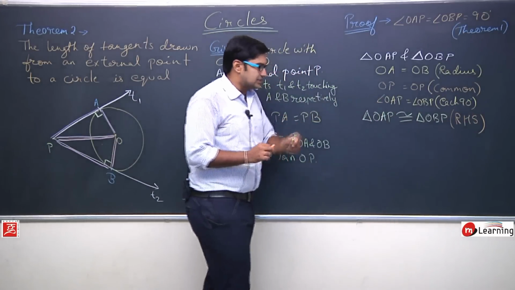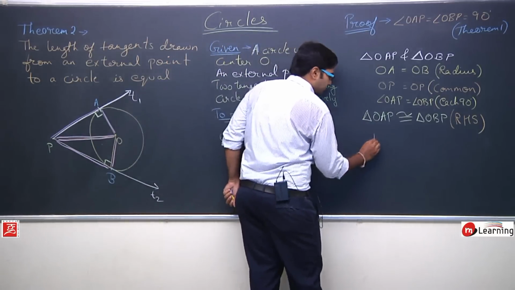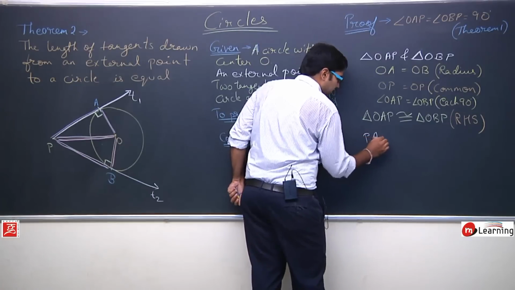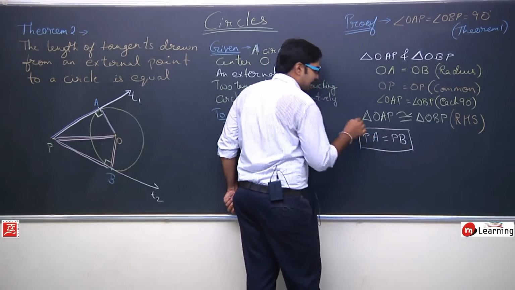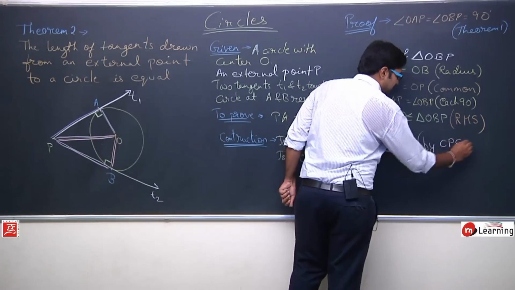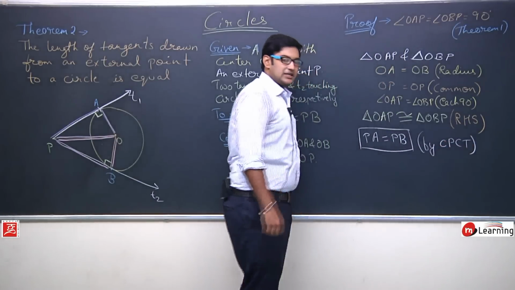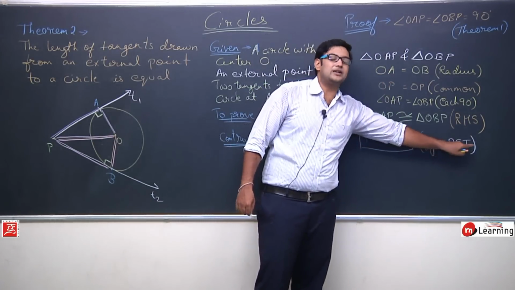Okay. Now since these two triangles are congruent, I can write PA is equal to PB. Now why can I write PA is equal to PB? By CPCT. What is CPCT? CPCT is corresponding parts of congruent triangles.